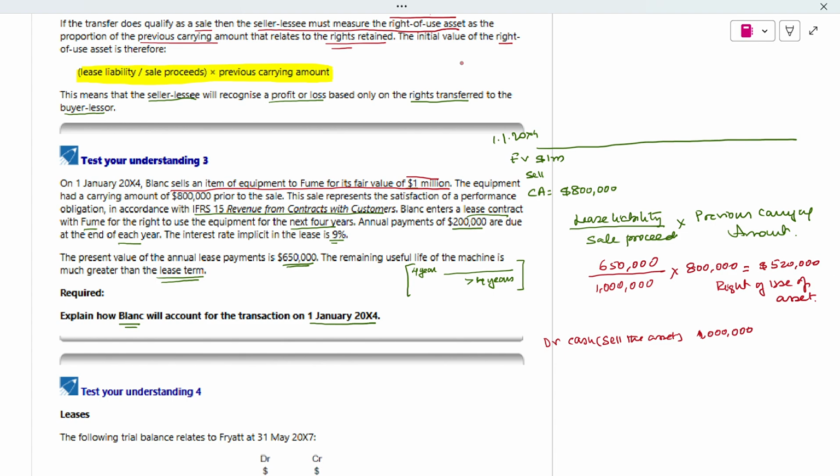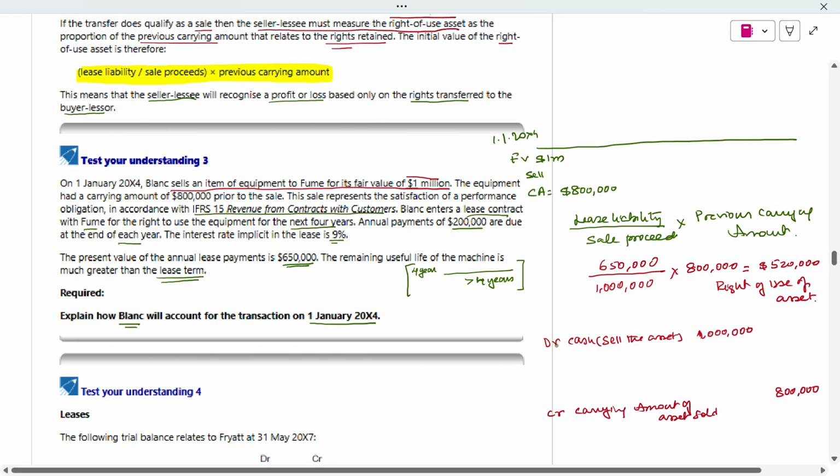The carrying amount of the asset sold is 800,000. Okay, I'm changing the color.